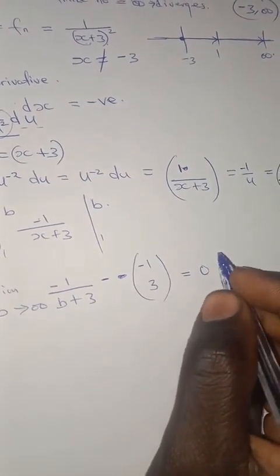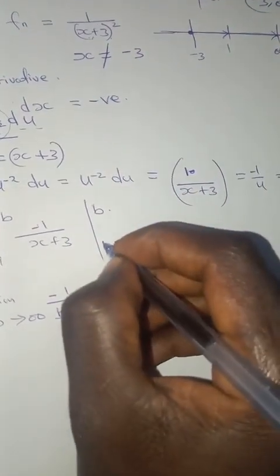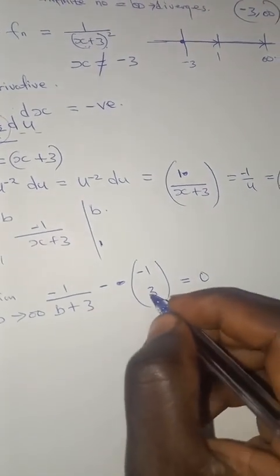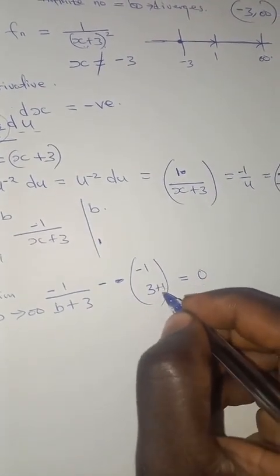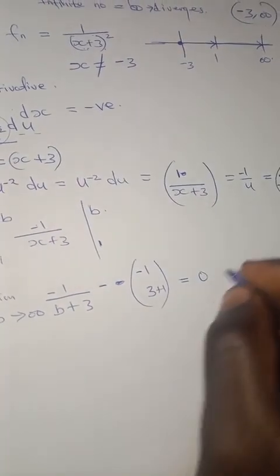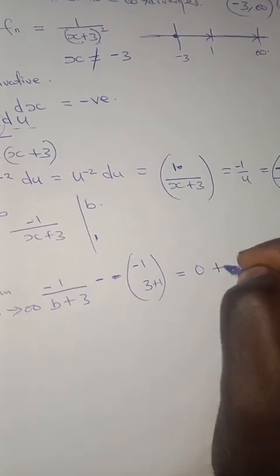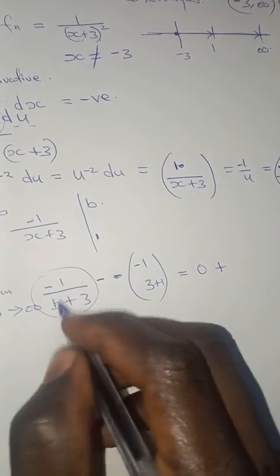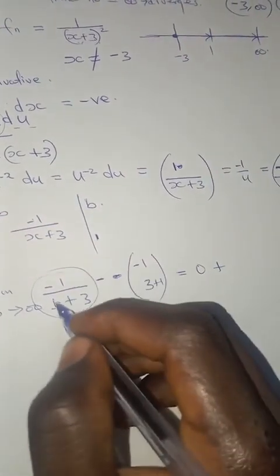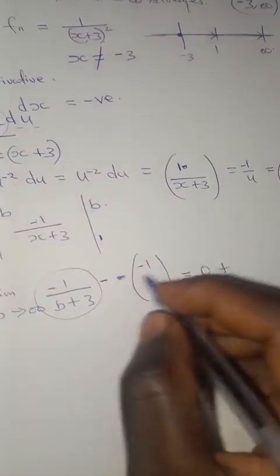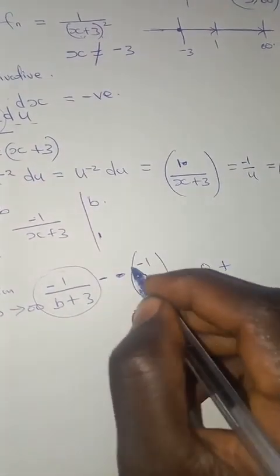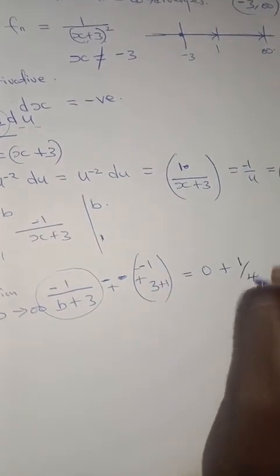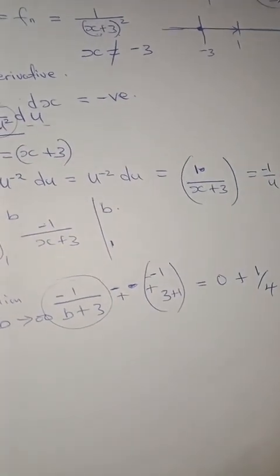Then, doing the substitution at 1, we minus negative 1 over 4, and negative minus negative turns into a positive. Then we have 1 over 4. One over 4 is finite.